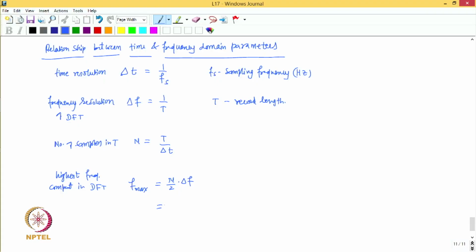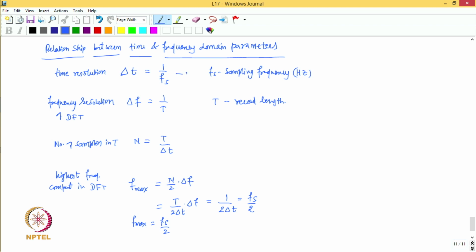In place of N, we can write T upon delta t, and T into delta f is nothing but 1. So we get 1 upon 2 delta t, and 1 upon delta t is nothing but fs. So we get fs by 2. It means that the highest frequency component we get is equal to fs by 2.